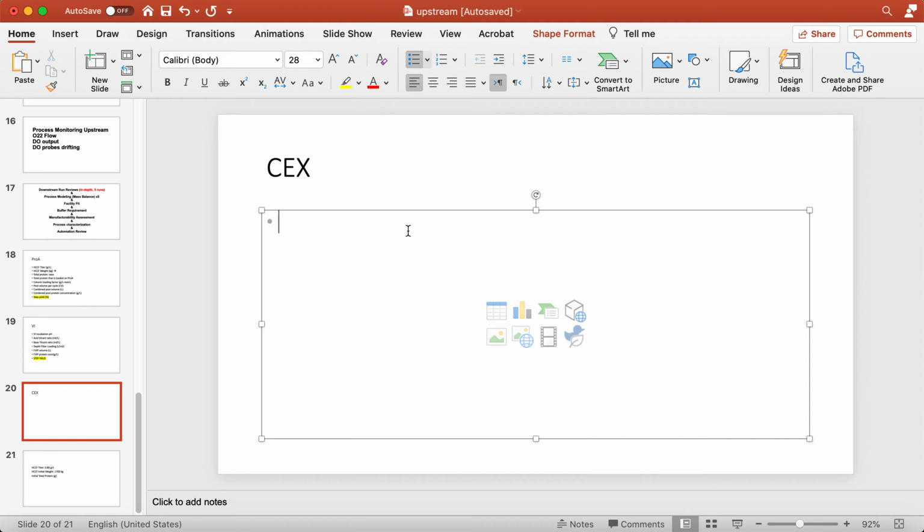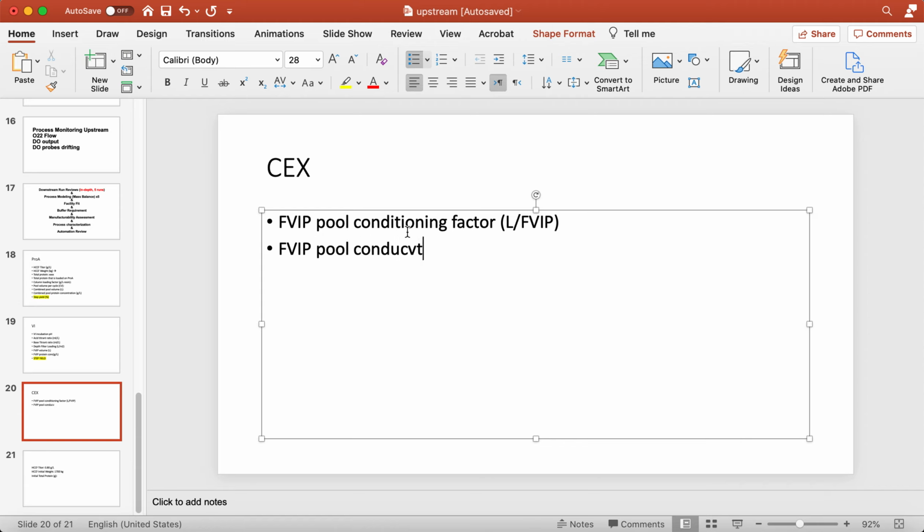They do the conditioning of the pool, FVIP pool conditioning factor, liter per FVIP, and then they also measure the conductivity. And then they do actual total protein loaded on CEX in grams.